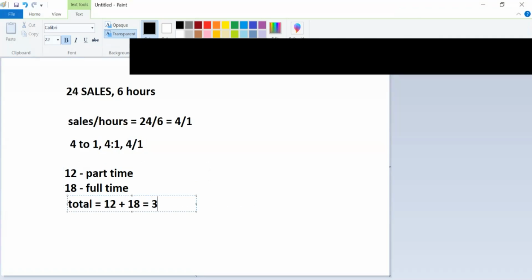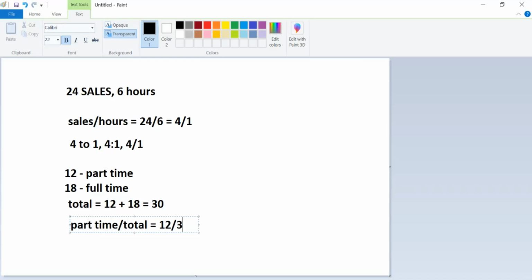So there's 30 workers, right? So now if you want part-time to total, again, write it out. I do it like that. And I put part-time is 12 and total is 30, right?